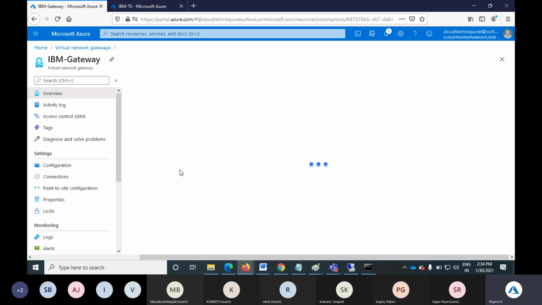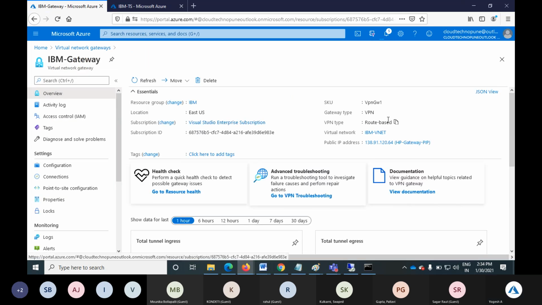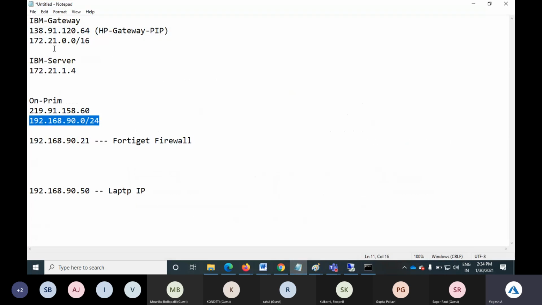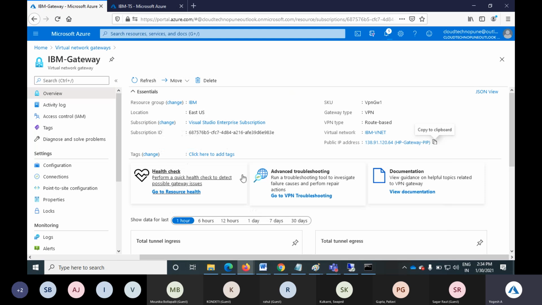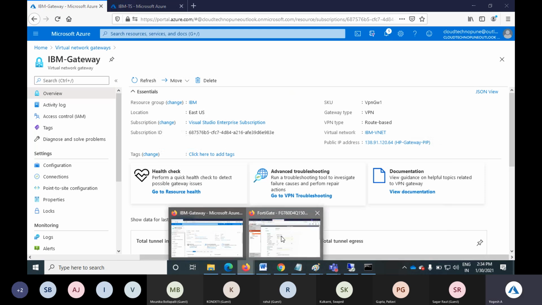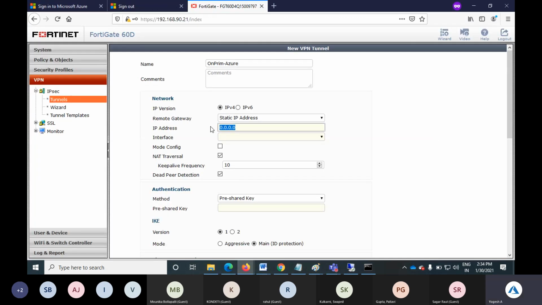So the VPN gateway, this is the public IP, right? So that public IP we have mentioned here. This is the public IP and interface. So all my traffic is getting redirected on my WAN port. That's why I'm going to select WAN here.